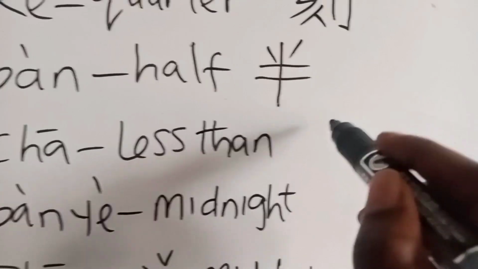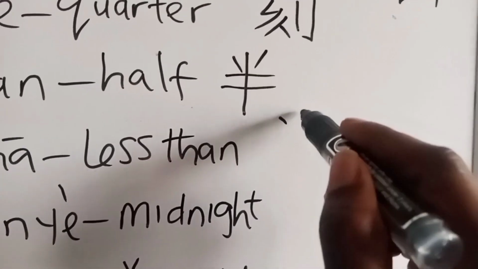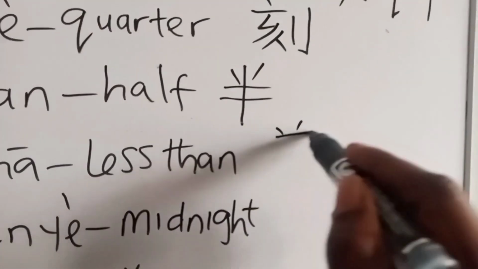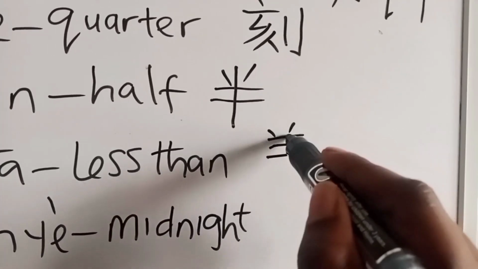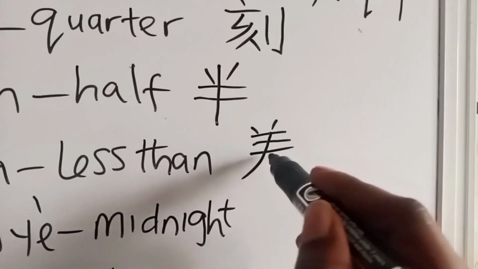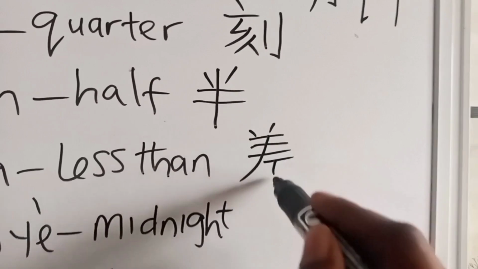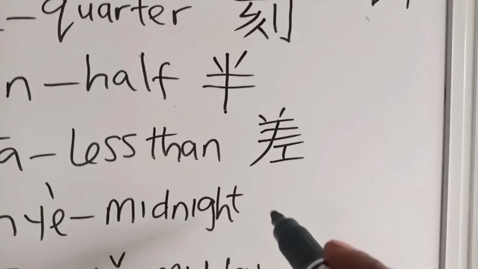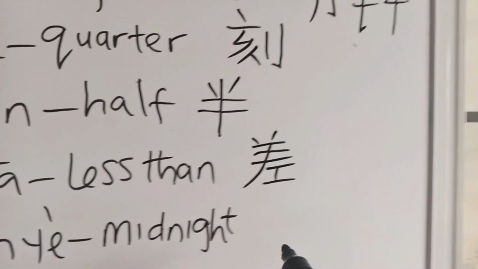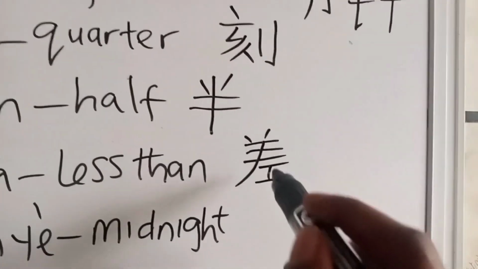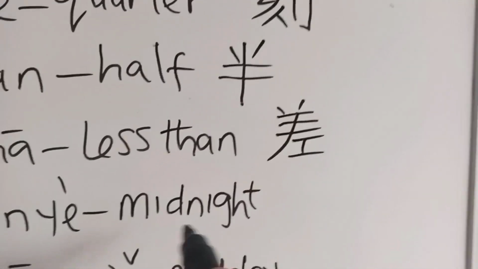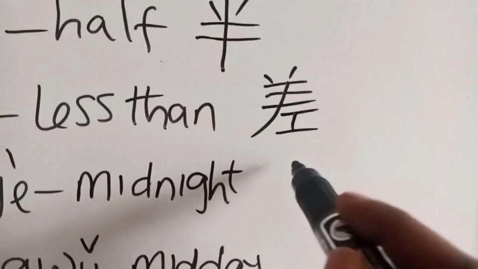Now, Cha. This is Cha. 1, 2, 3, and do like this. Then you do this thing that we did in Gong Zuo. That's actually Gong. Gong Zuo means walk. We have this radical in Gong Zuo. Then Ban here. This Ban here, we will write it first.